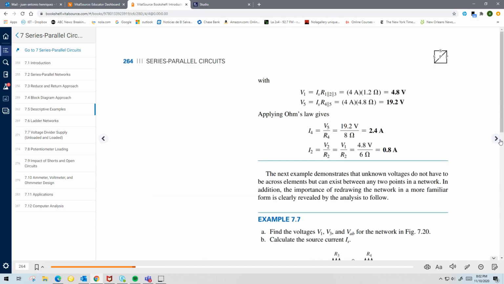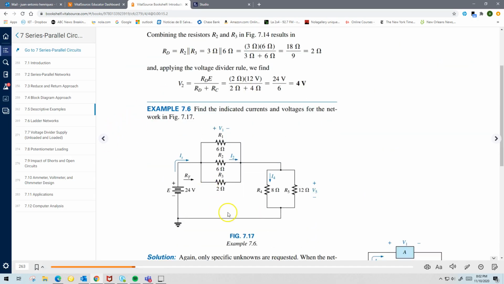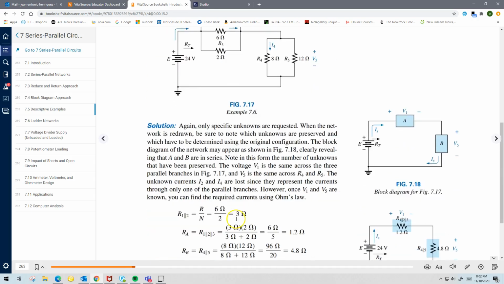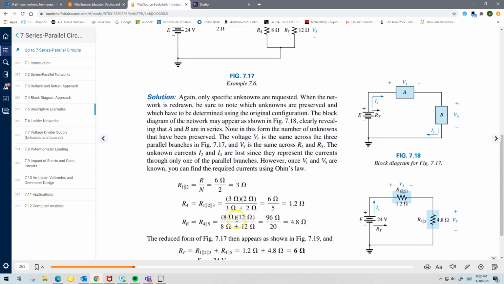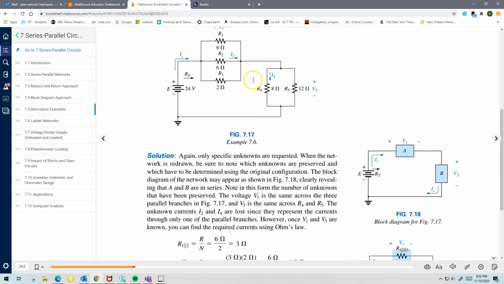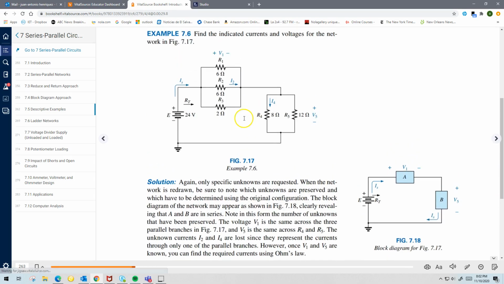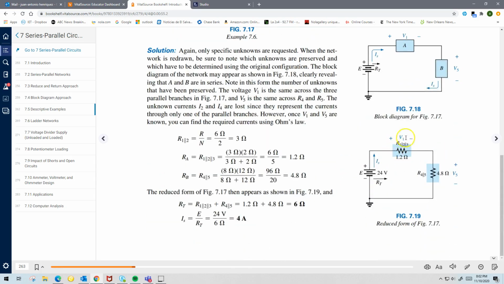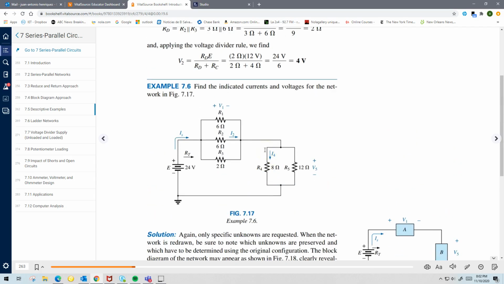But if you notice here, in this example, you know the voltage V1, you can find that voltage. Why? Well, you already know that the combined resistance here is 1.2, isn't it? And as you know, in a parallel combination, the voltage across each of those resistors is the same.